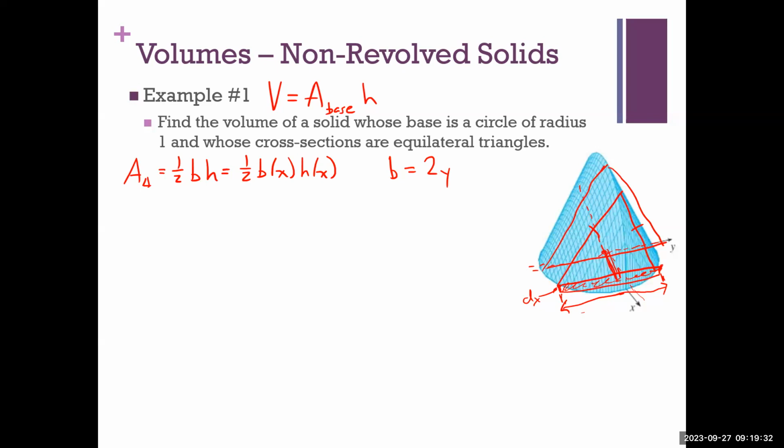So I know that these triangles are always going to be equilateral, but I don't know they're always going to be the same size. If I think about the triangle I would make very near the front end of this shape, those are going to be very small.